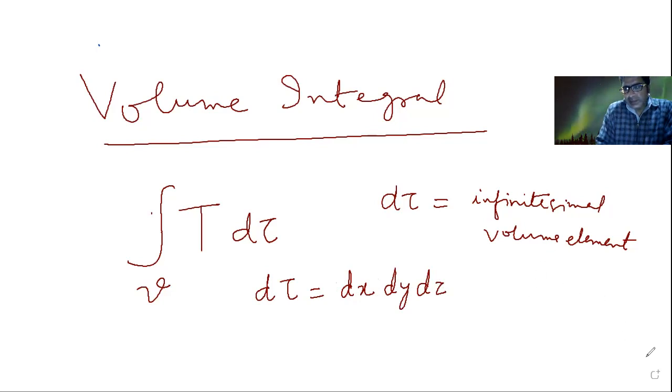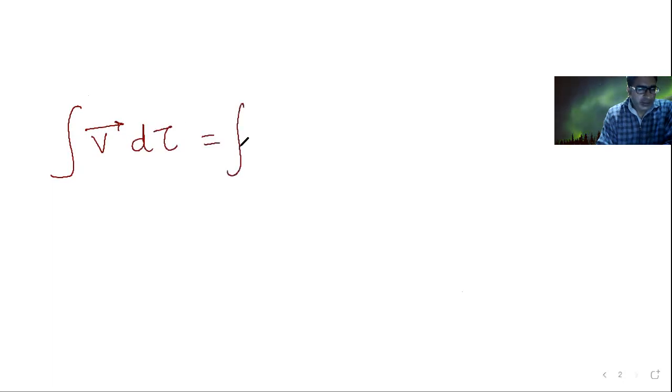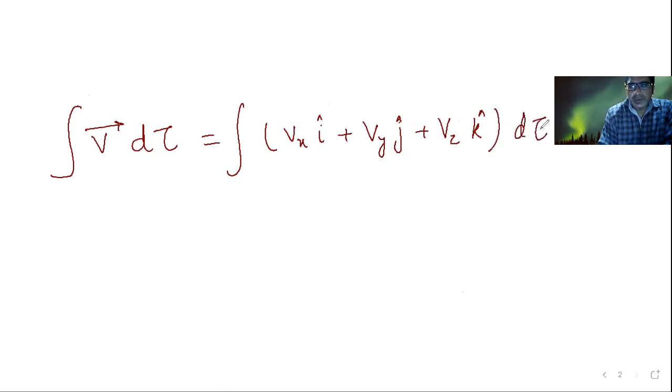In that case, we write integral of some vector field V d tau, which can be further written as integral of (vx i cap plus vy j cap plus vz k cap) times d tau.